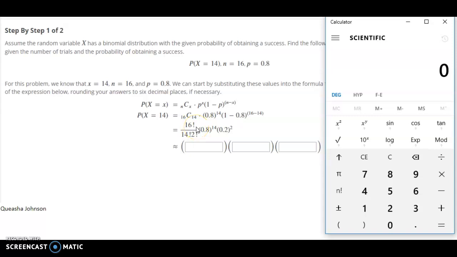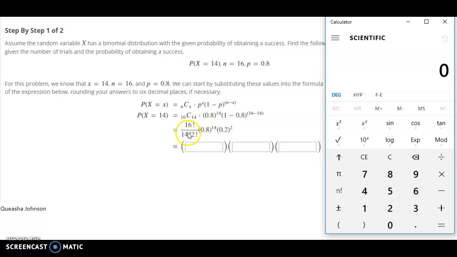Luckily, we can do some canceling here. If this is 16 times 15 times 14 times 13 all the way down, starting from 14 all the rest of the way down is going to cancel out with this 14 factorial here. If we write 16 times 15 times 14 times everything from 14 on out would cancel with this right here.